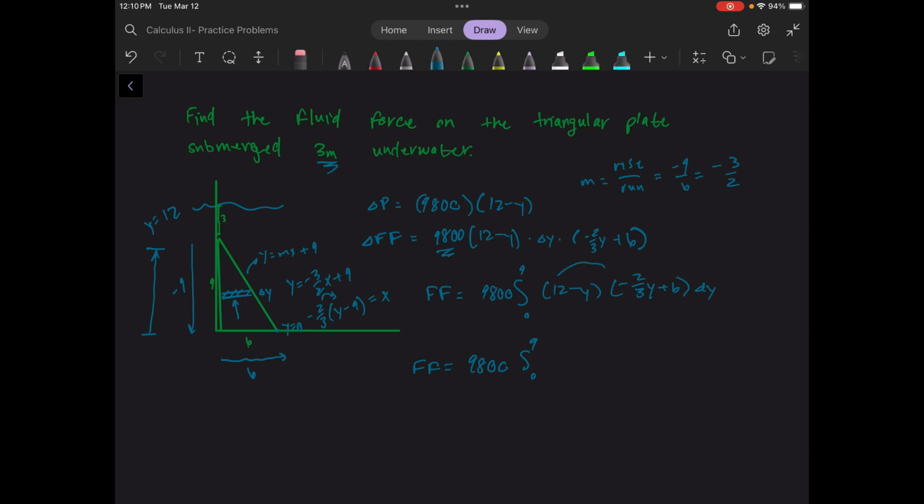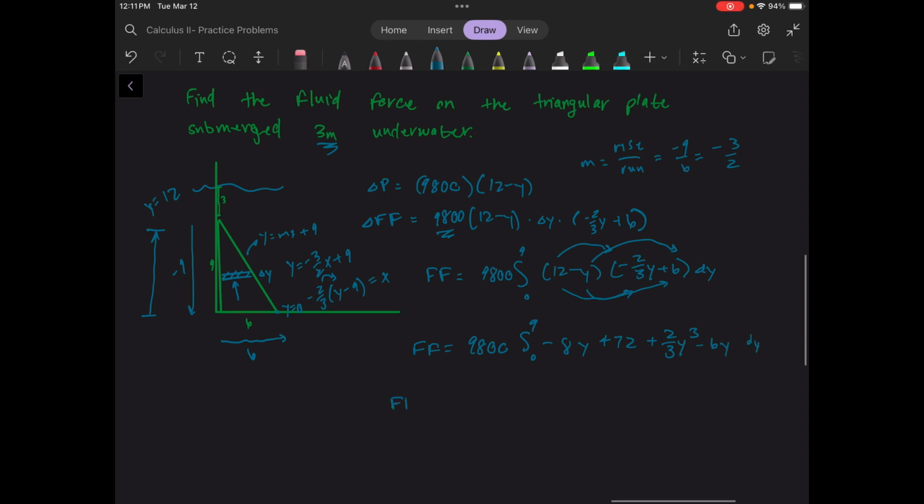First, we have a 12 times a -2/3. That's just -8, 24 divided by 3, so -8y. Outer, we have a 12 times a 6. That makes a 72. Inner, we have a -y times a -2/3 y. That's going to give us a positive 2/3 y squared. And finally, last, we have a -y times 6 to get a negative 6y.